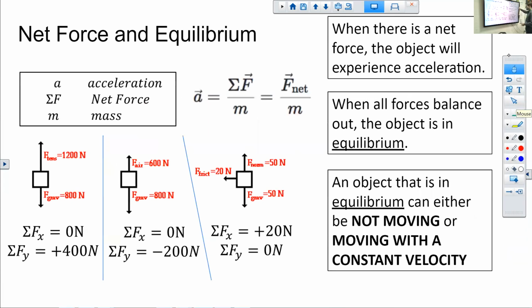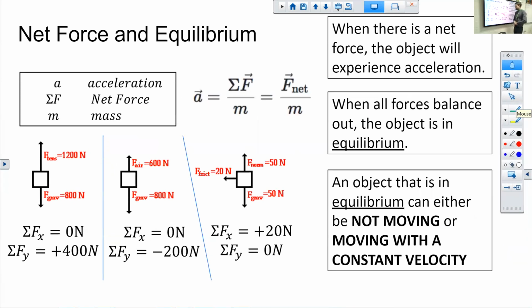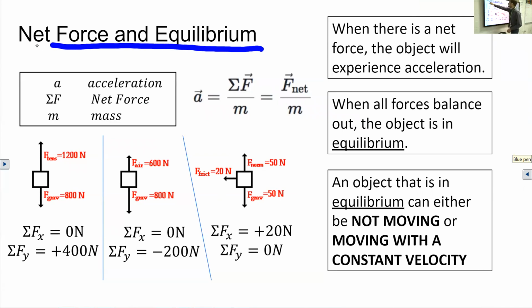So this has a lot of information on it, and a lot of these slides do. I don't want you to get overwhelmed. I want you to just think about what each little thing means. For example, this is net force in equilibrium. This idea of equilibrium: when all forces balance on an object, it's in equilibrium. That doesn't mean that the object is still, it just means that all the forces add up to 0.